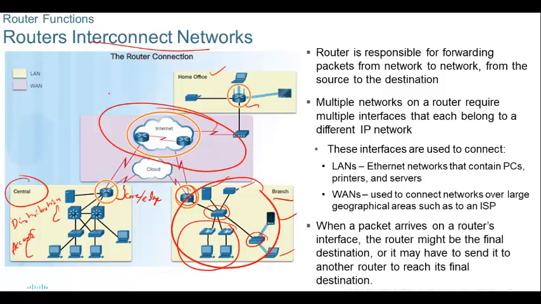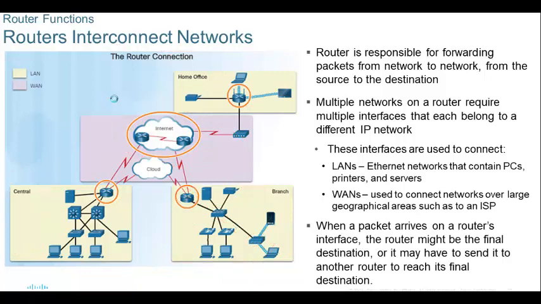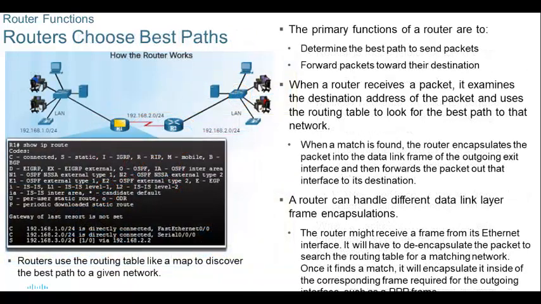Now how this router works is a very interesting one. Listen, whenever this PC tries to communicate to another network, for example, if a computer in 192.168.1 wants to talk to 192.168.2, see, they are in two different networks.